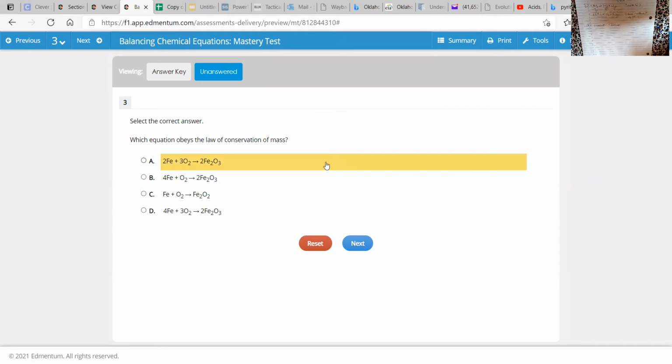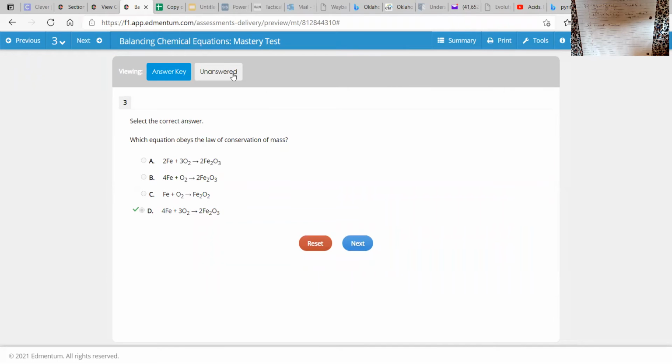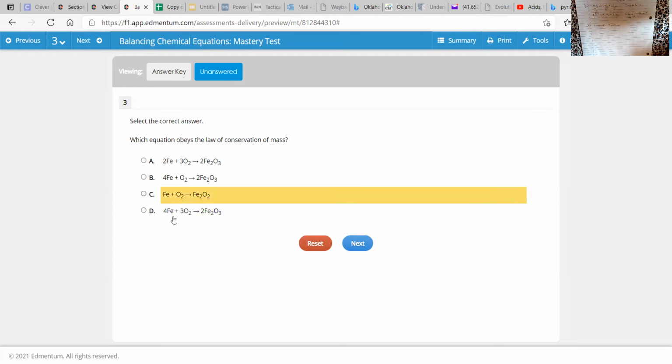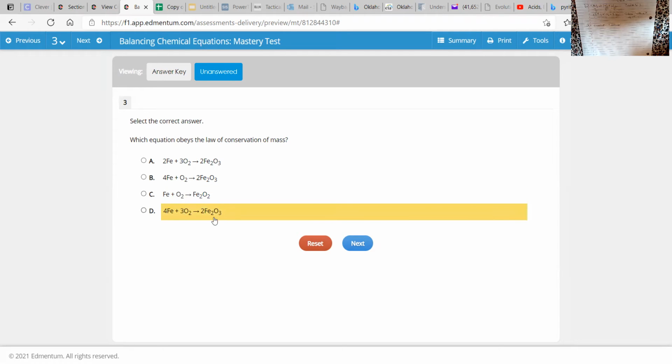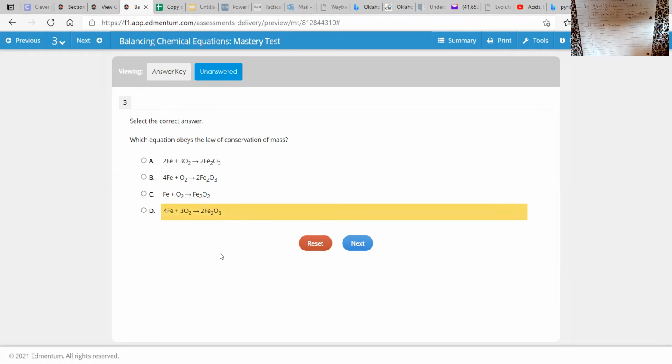There you go. D is the only one where the atoms on the left-hand side equal the number of atoms for each substance on the right as well. So you have 4 atoms of iron and then 6 atoms of oxygen.